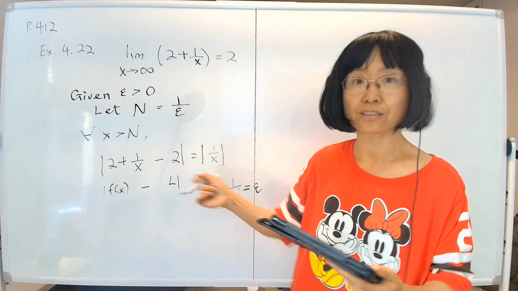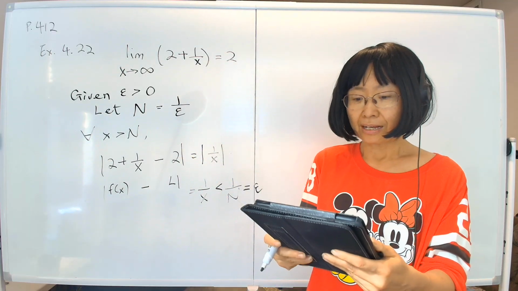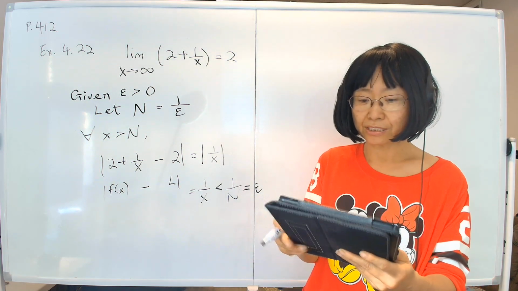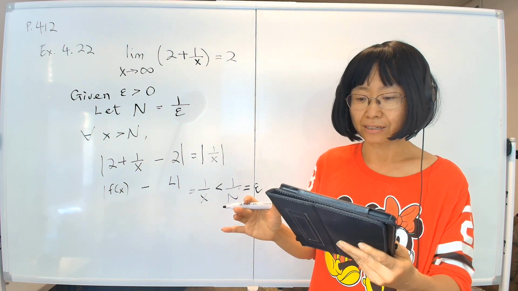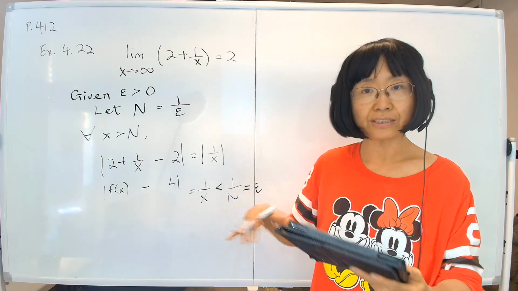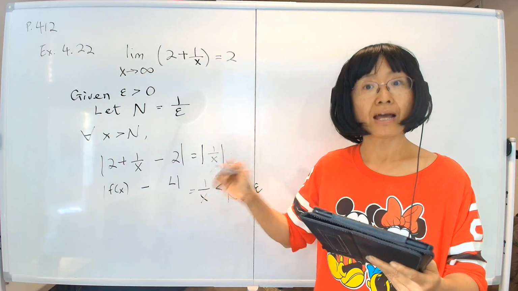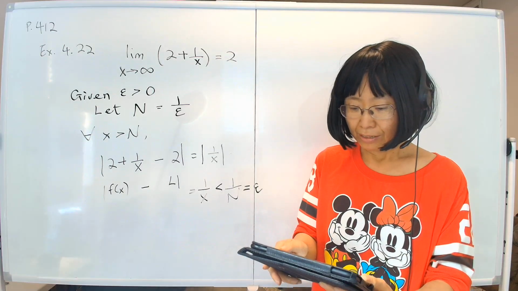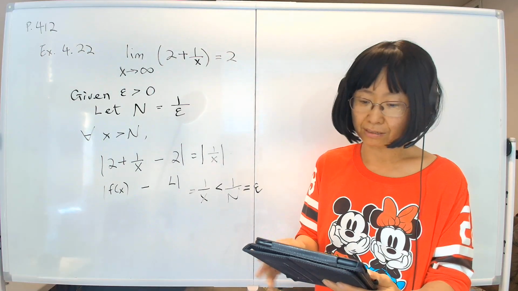That's the delta epsilon definition, which simply states that for all situations where x is big, f of x is also going to be huge, and it doesn't matter how big you want it. So that's the infinite limit.